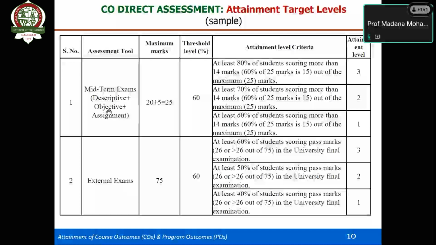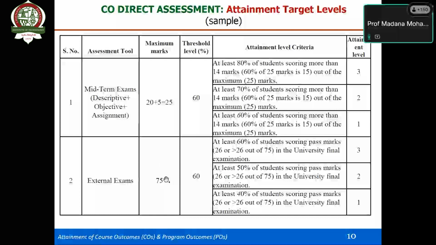The descriptive test is 10 marks, the objective test is 10 marks, and the assignment is 5. 10 plus 10 plus 5, so total 25 marks. Then the external exam is 75, based on the end semester question paper.